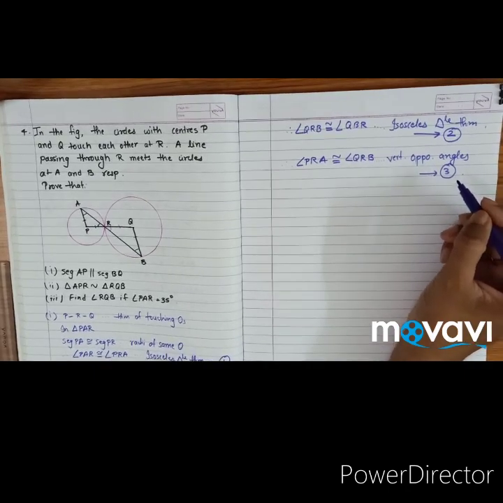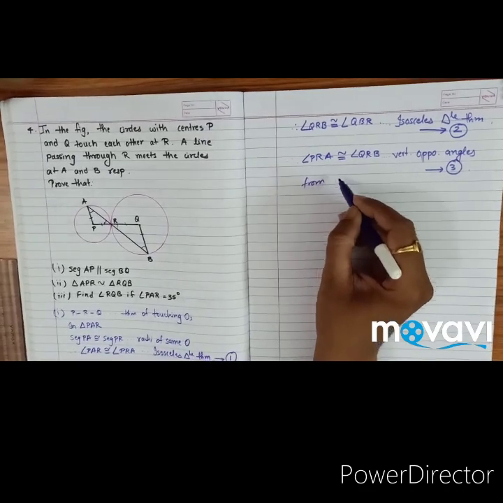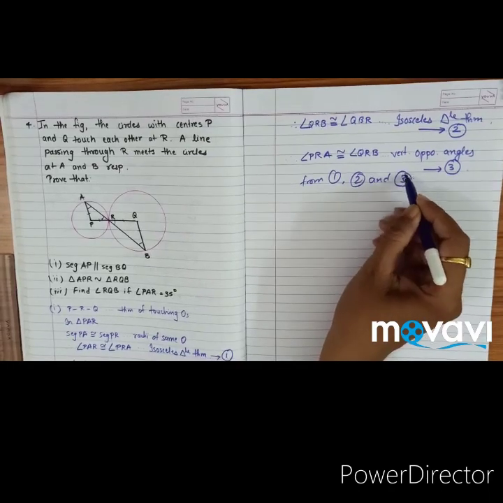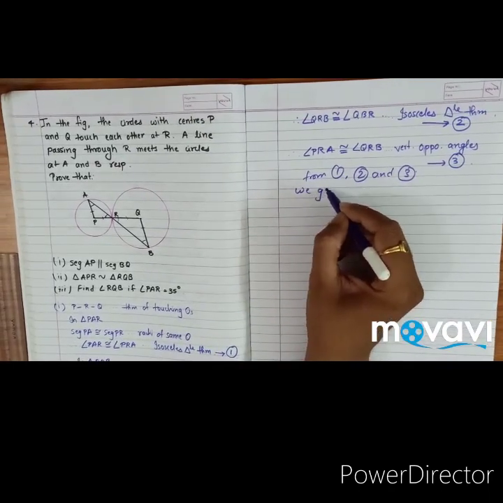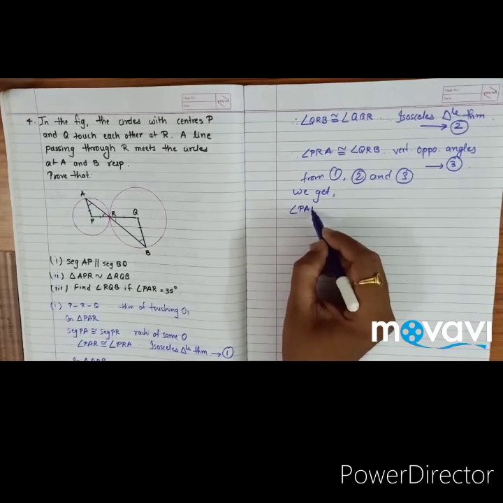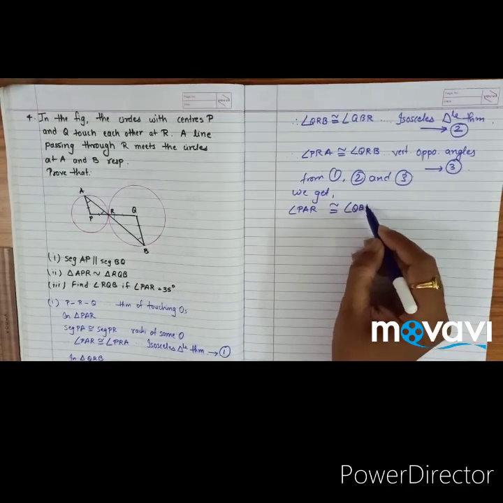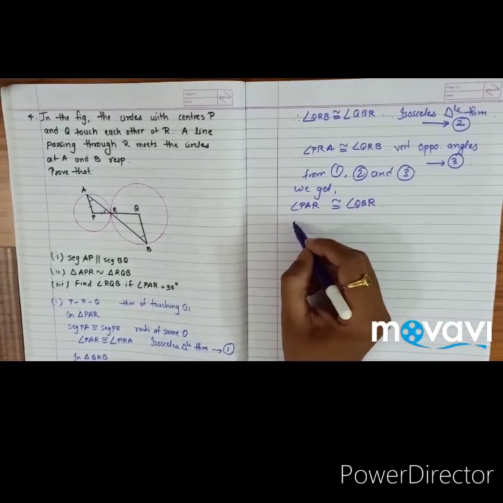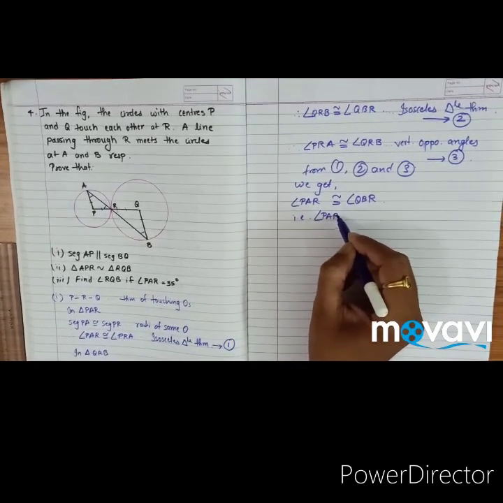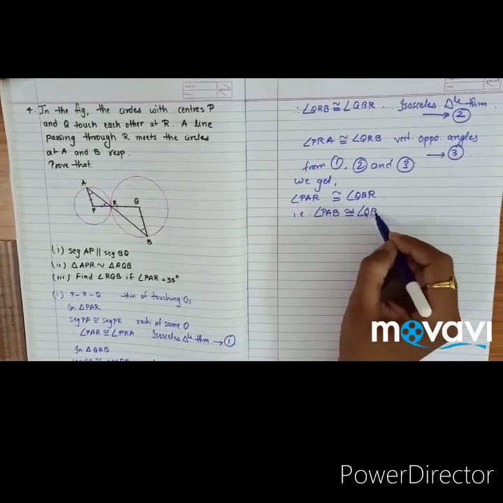Okay. Now from 1, 2 and 3, what do we get? We get that angle PAR is congruent to angle QBR. Okay. That is, what can we say? Angle PAB is congruent to angle QBA.